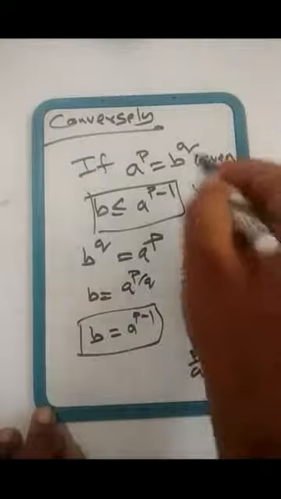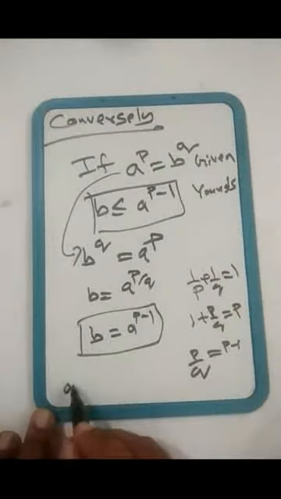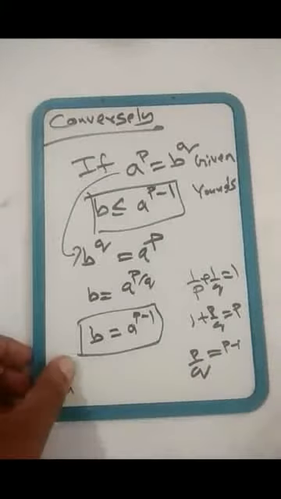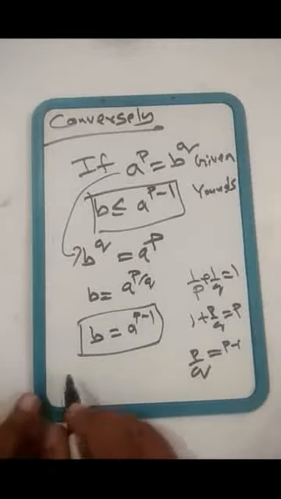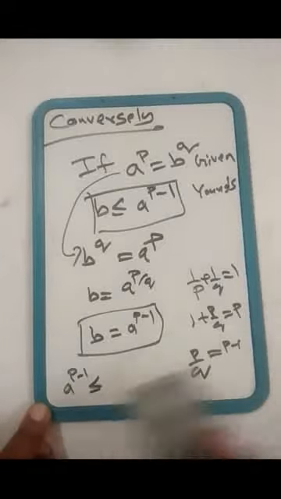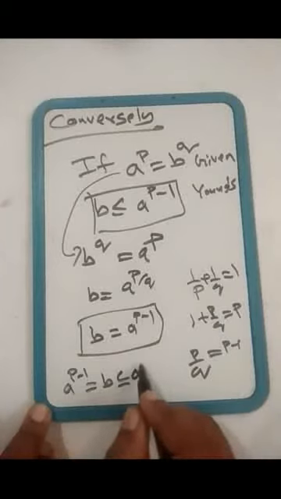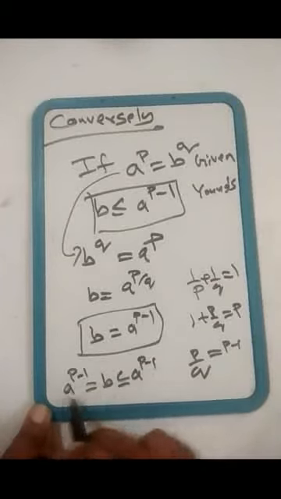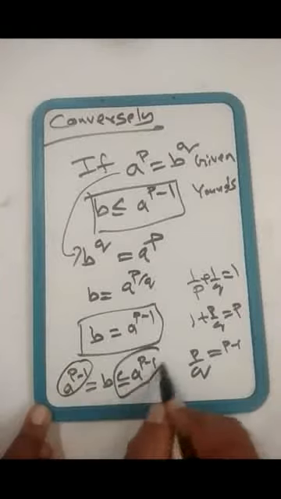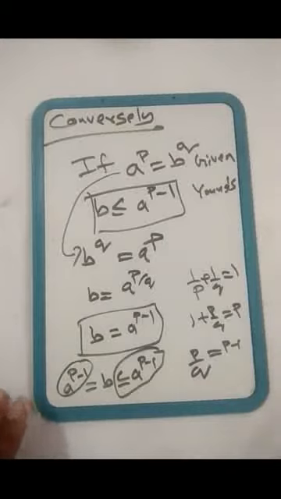This is from the given, what we are concluding from here. So in other words, substituting here, a raised to p minus 1 is equal to b and less than or equal to a raised to p minus 1. Because of that, in fact, this is equality.